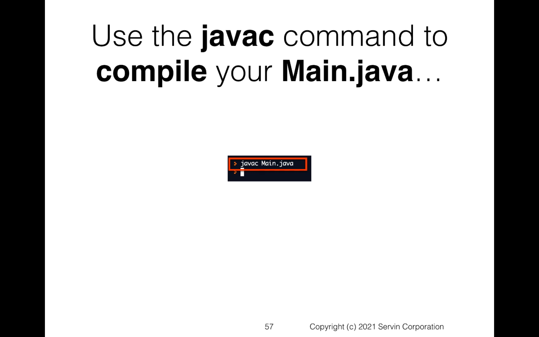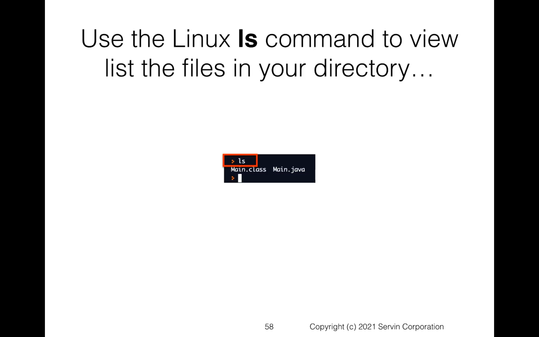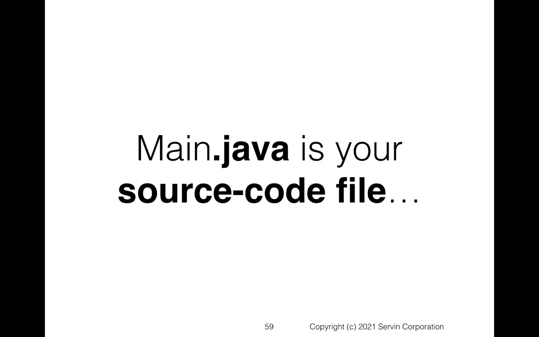Well, let's once again use this javac command to compile your Main.java. So here we go, javac Main.java. We use the Linux ls command to view your list of files, and hey, look at that. We now have a Main.class. So we see that our javac command compiled the Main.java, and we got a Main.class.